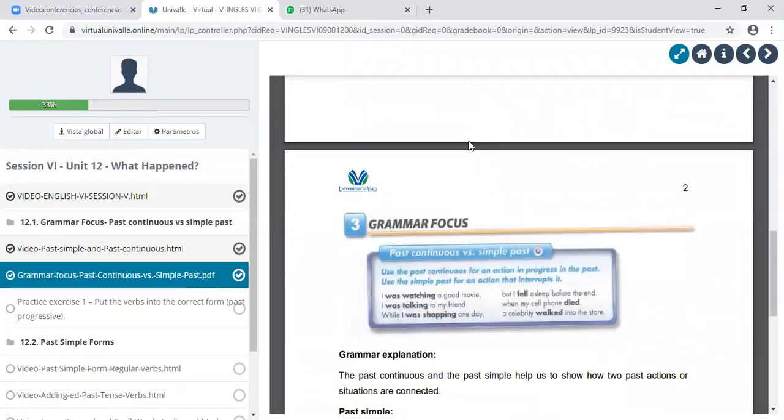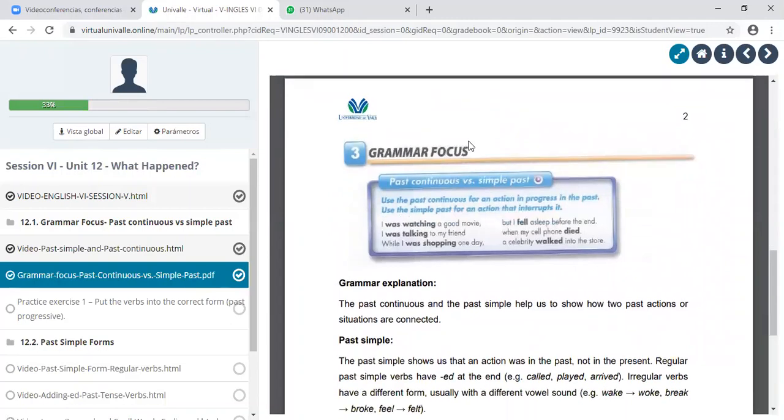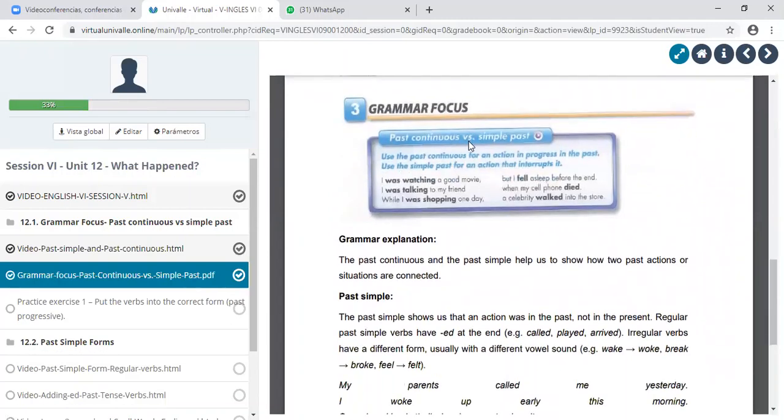We use the past continuous for an action in progress in the past. As well, we use the simple past for an action that interrupts it. For example, I was watching a good movie, but I fell asleep before the end. Number 2, I was talking to my friend when my cell phone died.